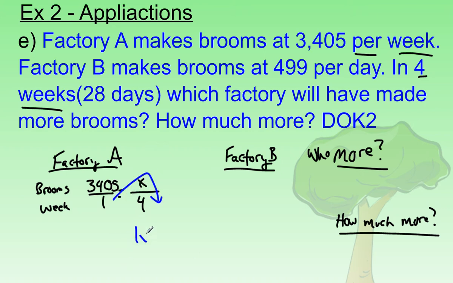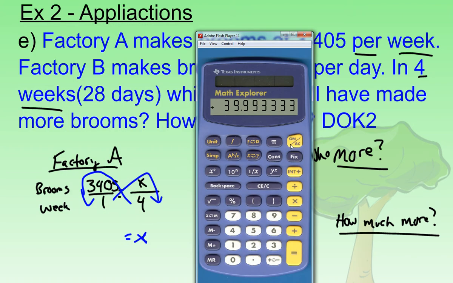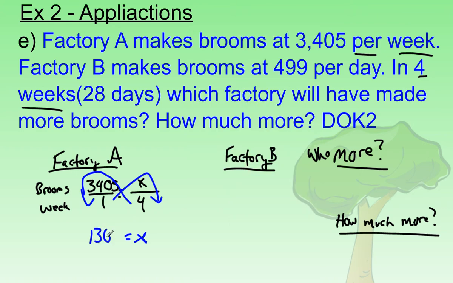We've got 1x here, which is just x. Don't need the 1. And 4 times that big ugly number. 4 times 3,405 equals 13,620. So Factory A made this many brooms in 4 weeks.